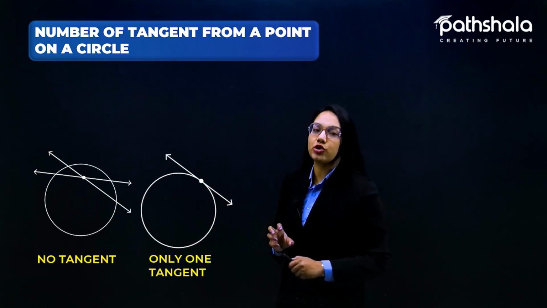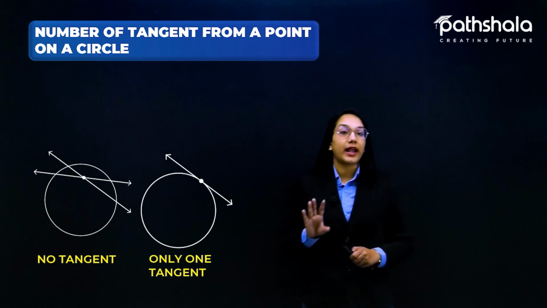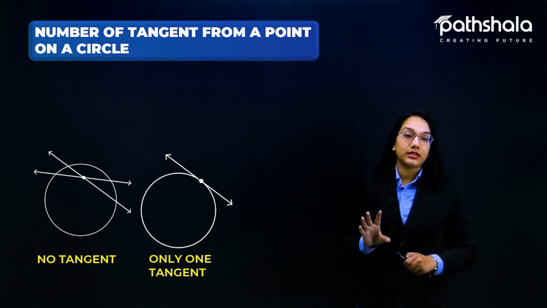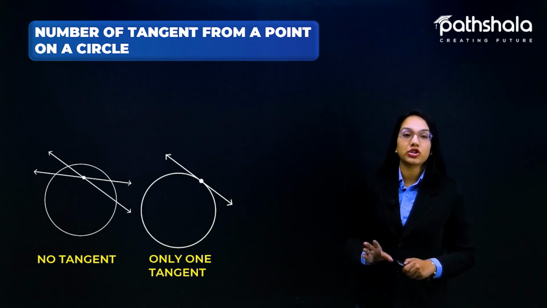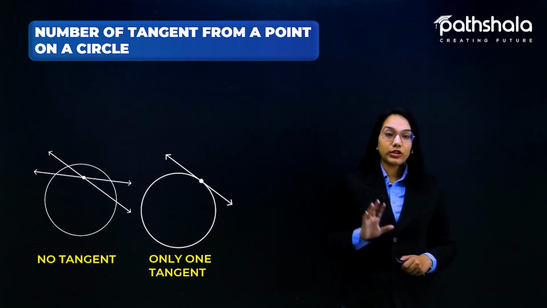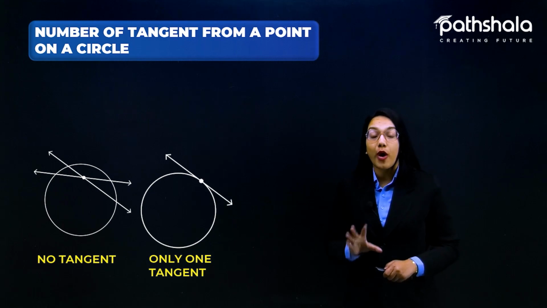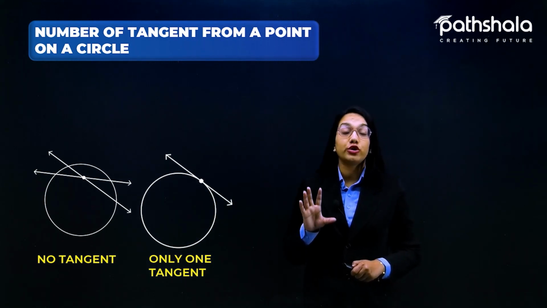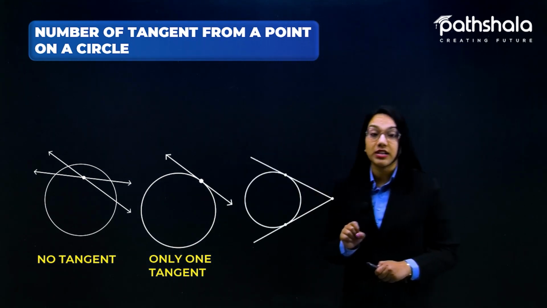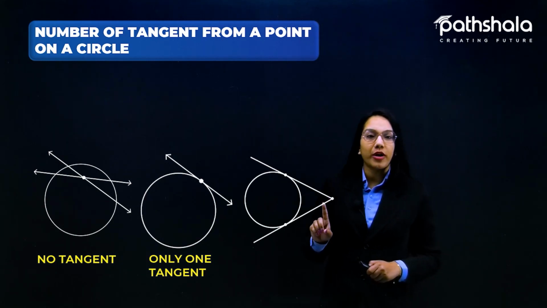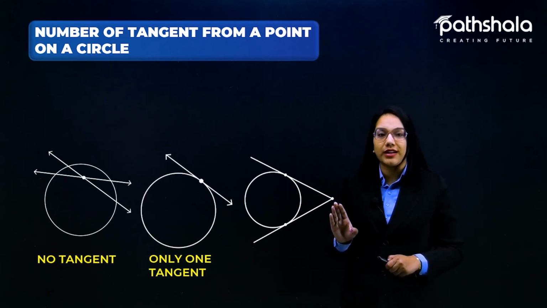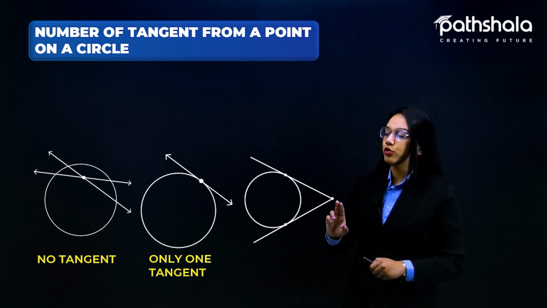But let us suppose I take the point outside the circle. This is my third case, in which the point is lying outside the circle. From that point, you can draw two tangents to the circle. Let us suppose this is my point which is lying outside the circle. From this point, you can draw two tangents.